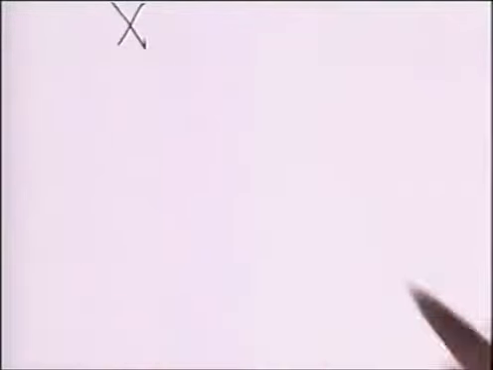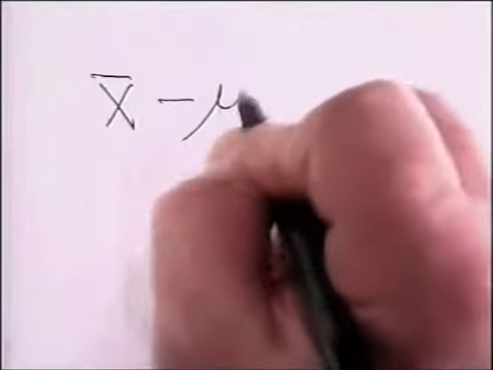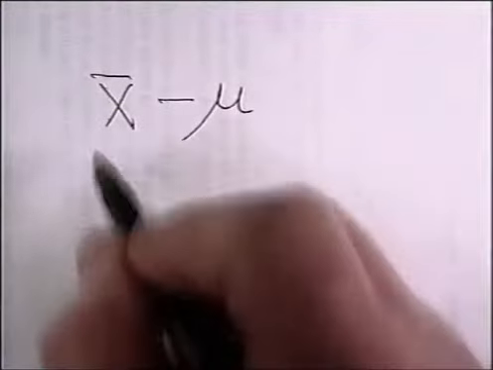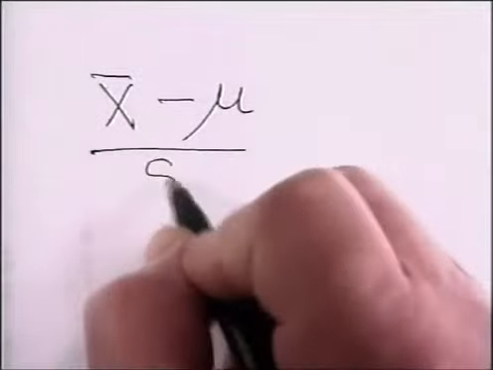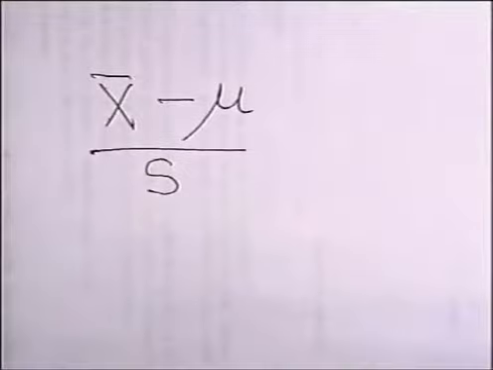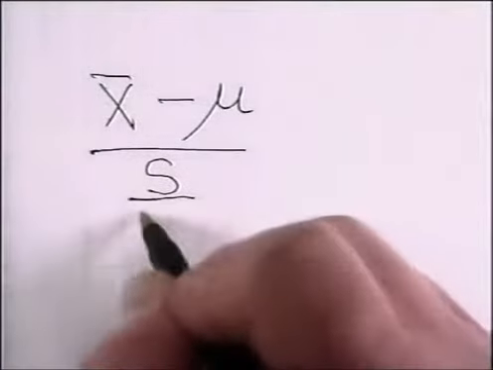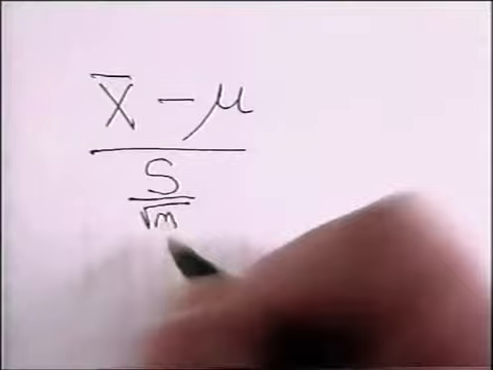Let's put it down in terms of a formula, because this is important enough. No matter what you're doing, whether it's normal or t, the process is you take your sample mean and subtract the mean of the population. Divide by S, for standard deviation, over the square root of n.